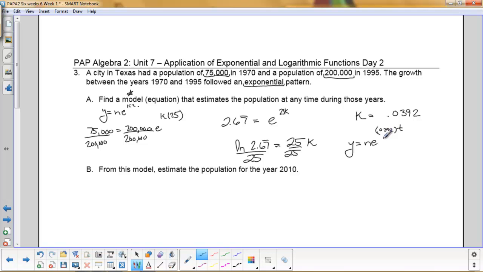So now what I'm going to do is plug everything in that I know based on part B. So we're at 75,000 to begin with, multiplied by e raised to the 0.0392 times 40 power, because the number of years that have gone by from 1970 to 2010 is 40 years.